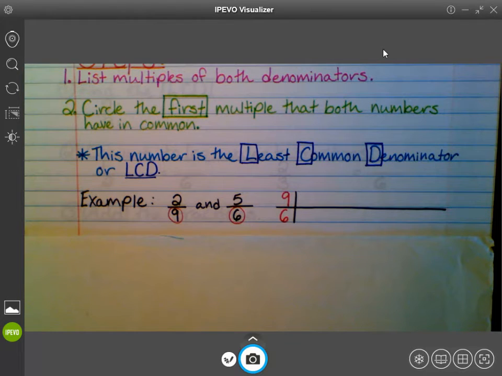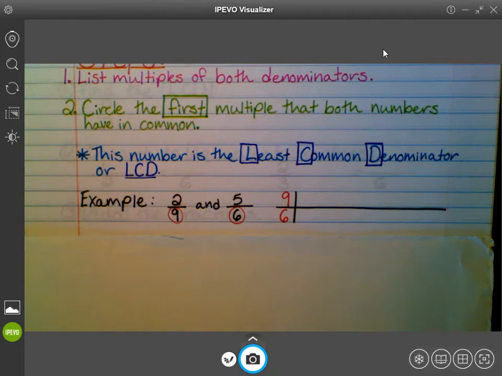If you need to find multiples of 27, I want to keep track of it on my paper. So I want us to get into the habit of writing down our multiples, but as you move forward, if you have 1/2 and 2/3, a 2 and a 3, and you feel comfortable doing that in your head, you can. So 2/9 and 5/6.